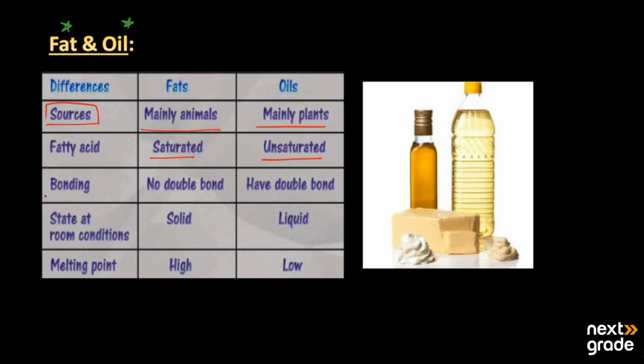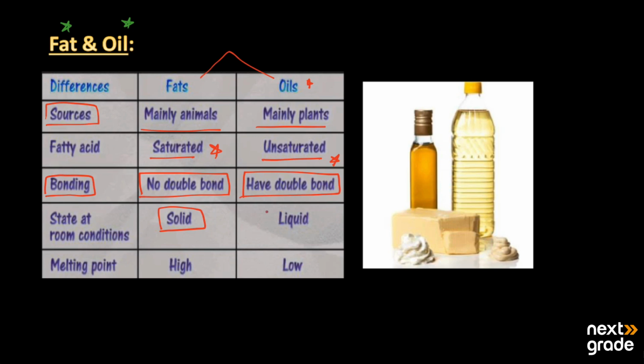On the other hand, fat and oil are different in the type of bonding. In fats, there is no double bond, which means they are saturated. And if they have a double bond between the carbon atoms, then they are known as unsaturated fatty acids and they make up the oils. Then the state at room temperature. What is the physical state of fat and oil? If we have fat, it is in solid state at room temperature.